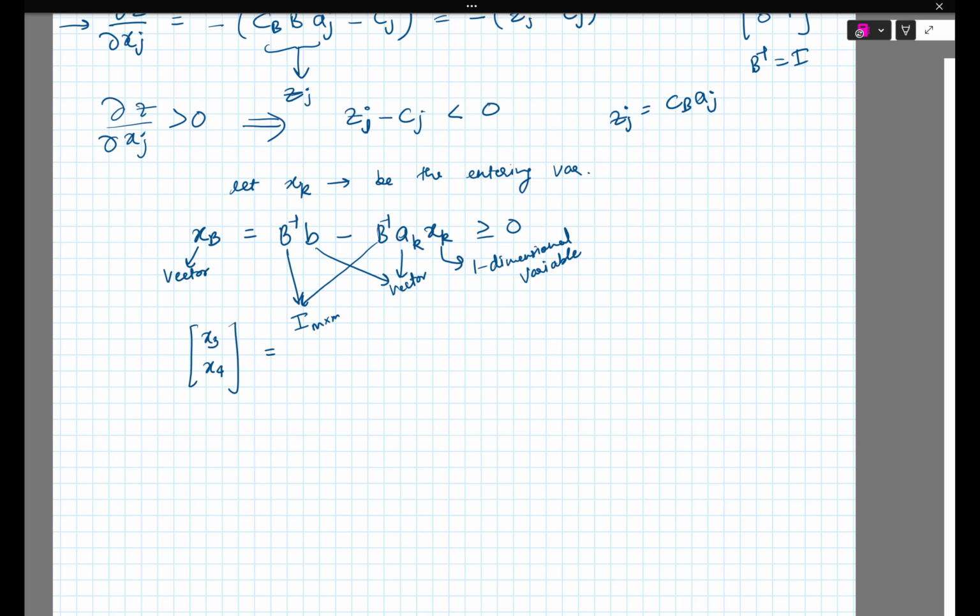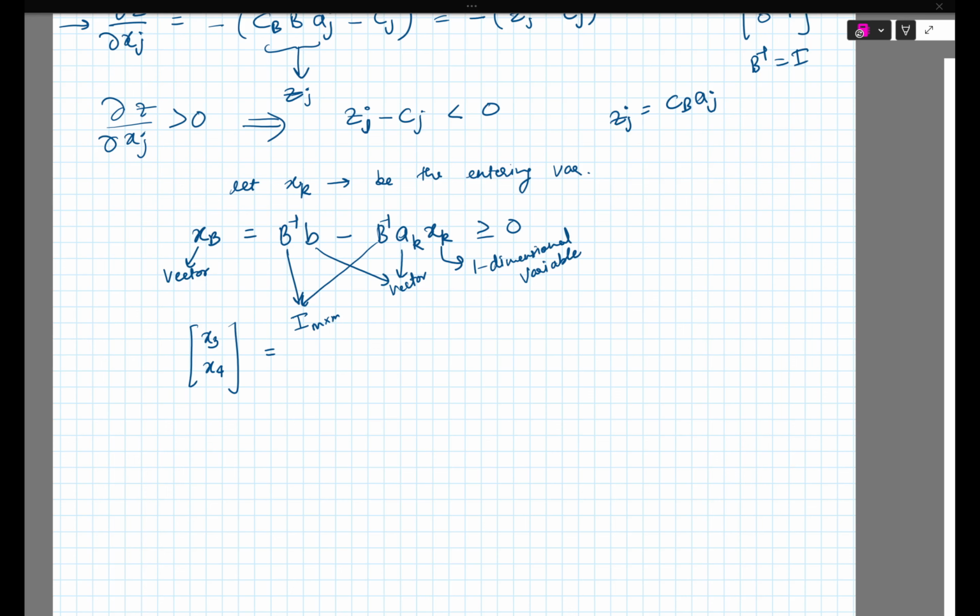Hello. I think that B inverse should not be there. XB is equal to B inverse b minus, that B inverse should not be there, it will be Ak xk, I think, because in the lectures it was there. Are you sure?